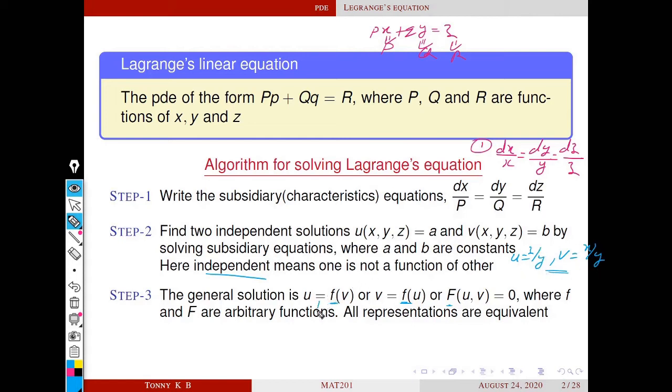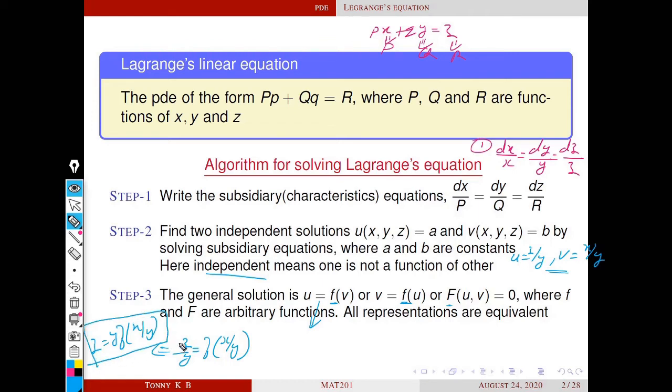Suppose we consider this representation, u equal to f of v. Then what is the representation corresponding to this one? U is z by y. So z by y equal to some arbitrary function of x by y. Clear? So you can write z as y times f of x by y.